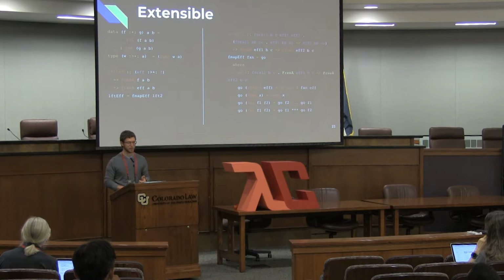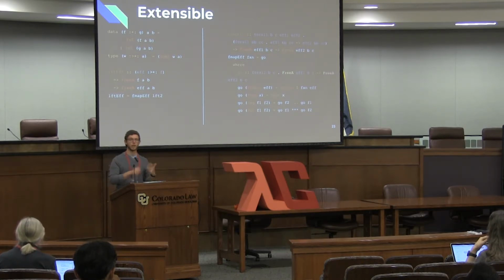And then on the right-hand side, we have a function that maps our effects between each other. So you pass in a function that goes from an effect 1 to an effect 2, and then you can take an arrow of type effect 1 to an arrow of type effect 2. And this allows us to lift all of our arrows together, or lift our effects into some higher sum class, and then combine and compose our arrows no matter what effect they actually have.